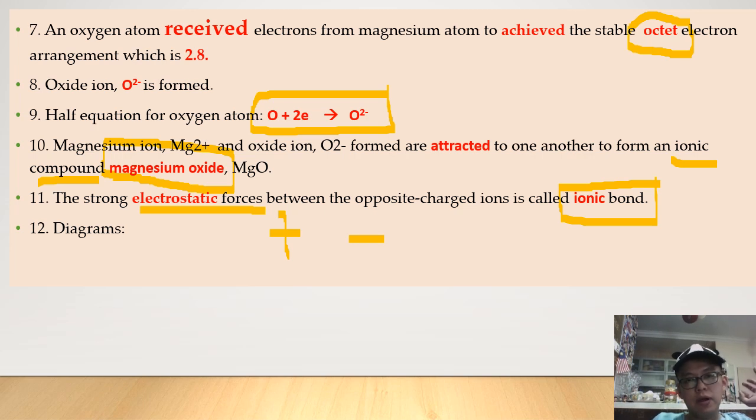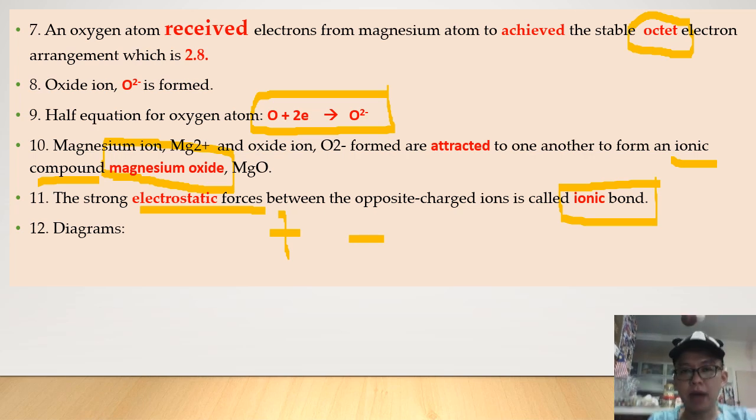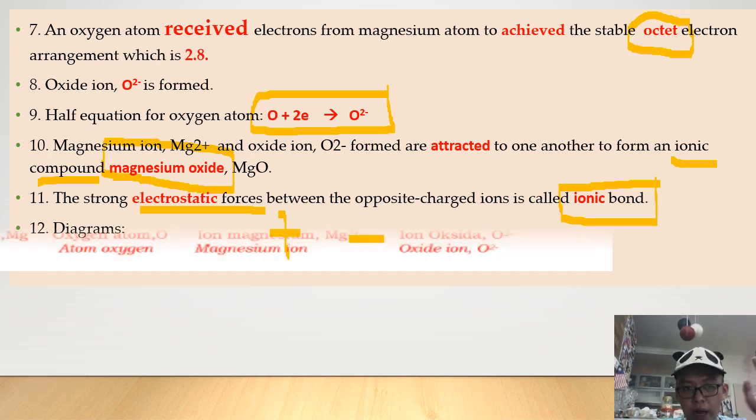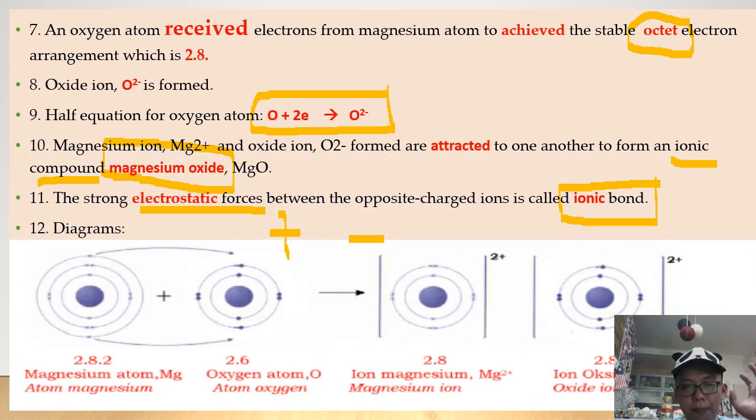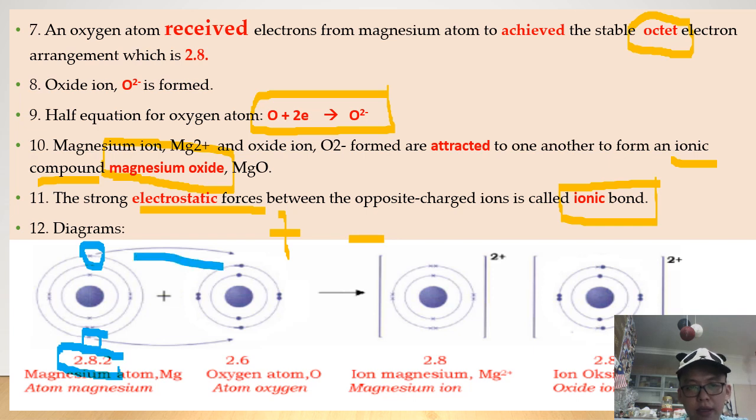If you want to explain by using a diagram, it's better, because sometimes the question asks you to show and describe by using a diagram. So I will let you see how the magnesium and oxygen form together. As you can see, for the magnesium atom you have to draw 2.8.2, so you have 3 shells. The extra 2 electrons are donated to the oxygen atom.